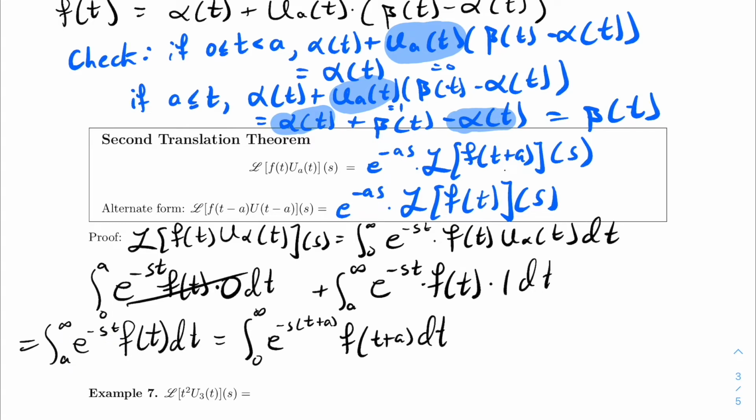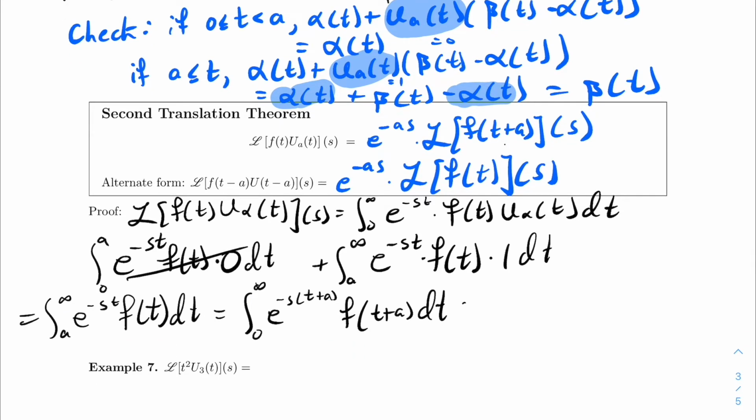If we start by plugging in t equals a over here, I get negative s times a. Over here, if I start by plugging in t equals 0, then I still get negative s times a, because I'm getting negative s times 0 plus a. So over here t starts at a, over here t starts at 0, but the whole expressions really start at a in both cases, and then they're going to infinity for both of them. So these integrals are the same thing. I'm just tripping myself up.